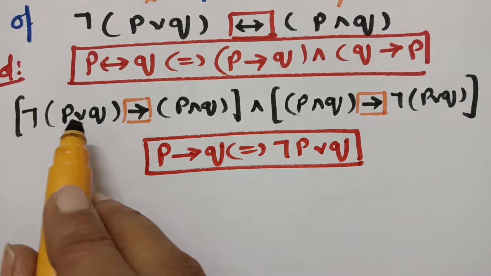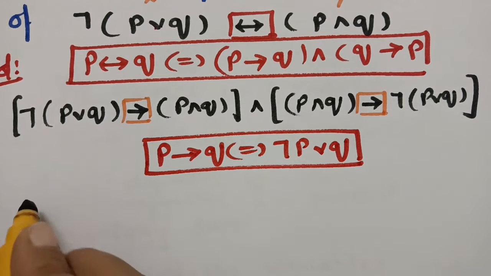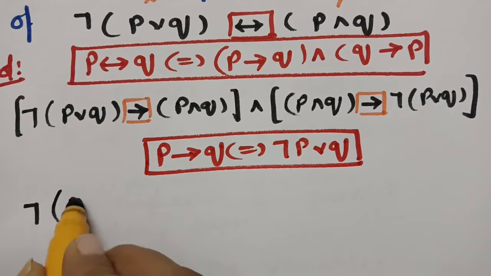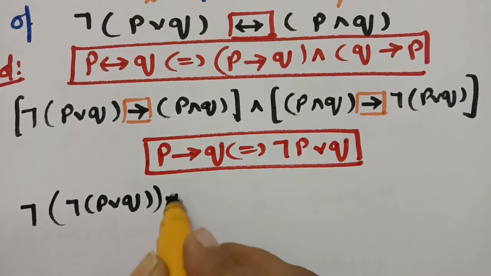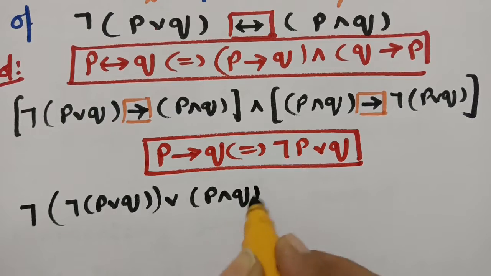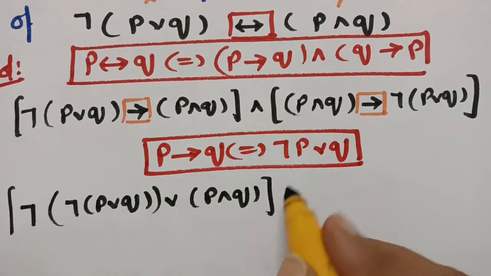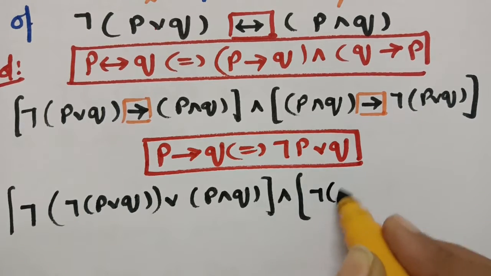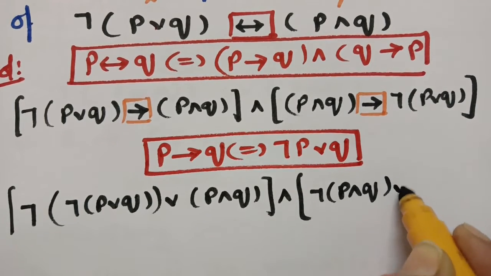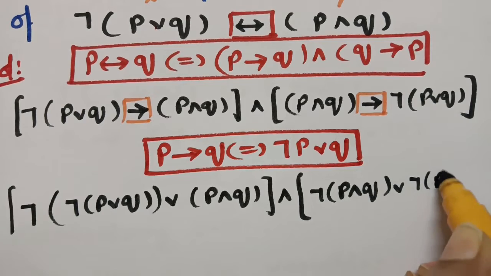If you consider this as P and this as Q, this will be negation of (negation of (P or Q)) or (P and Q). And for this one, P implies Q, this will be negation P or Q. Clear?